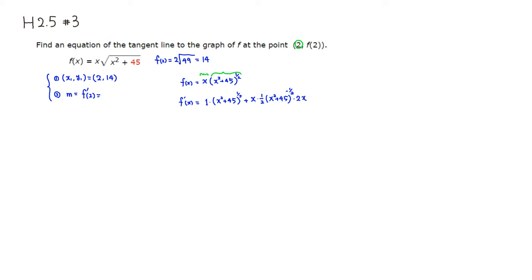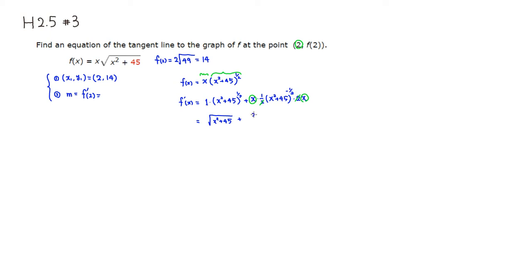Let's do a little bit of cleaning up. We have 2 on the bottom here, and we can cancel the 2 on top. Another thing we can do is, since I don't like a negative power, I'll write a fraction. I'm going to put the 1/2 power back to square root. So the first term is the square root of x squared plus 45. Plus, there are two x's, so you have x multiplied by x, giving x squared on top.